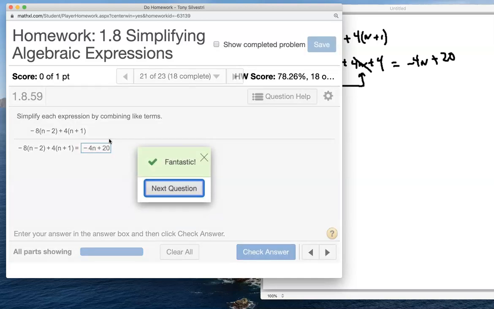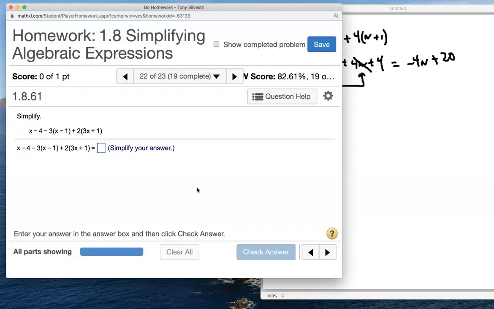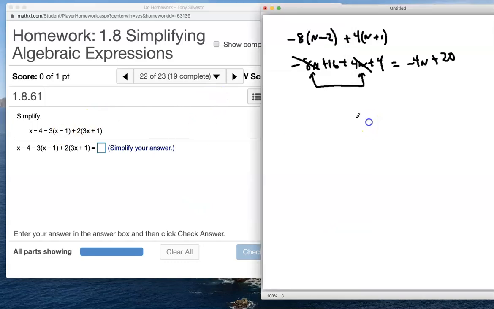Nice. Just 2 more problems, but unfortunately those 2 problems are complicated. So it's probably harder than we've ever done. So I'm going to try to speed it up a little bit by saying x minus 4 are fine the way they are. Minus 3x, I'm multiplying through by minus 3 into the set of parentheses.